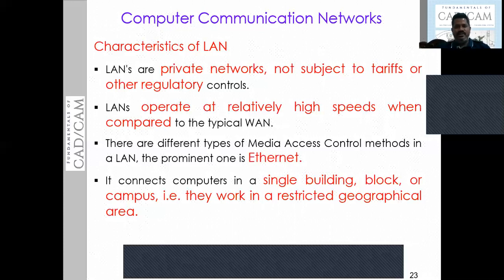It may be a building, any closed proximity, or a single room. You can connect very few computers to a central computer to access information or a resource, maybe a printer, or to communicate with each other. This is also one of the characteristics of the LAN.